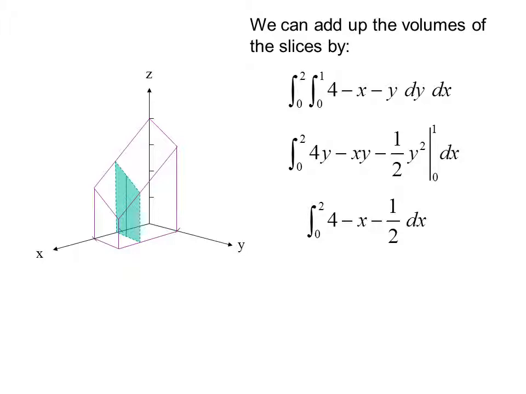We evaluate, and now we do the outside integral. Taking the antiderivative, we have 4x minus 1/2 x squared minus 1/2 x from 0 to 2, or 8 minus 2 minus 1, or 5.